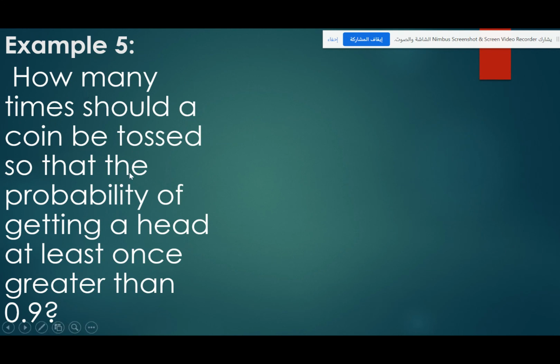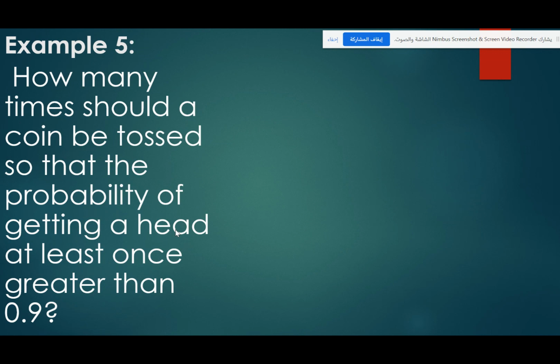Remember, your experiment is tossing a coin, and in a coin you have only two outcomes, which are head or tail. So getting a head means p will be half, and q will be half for getting tail.